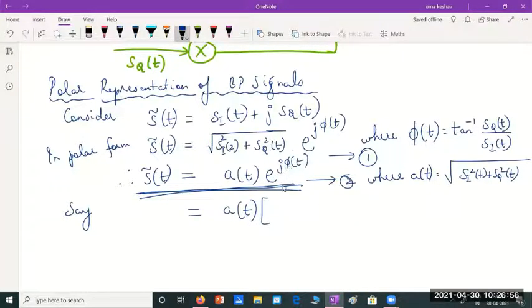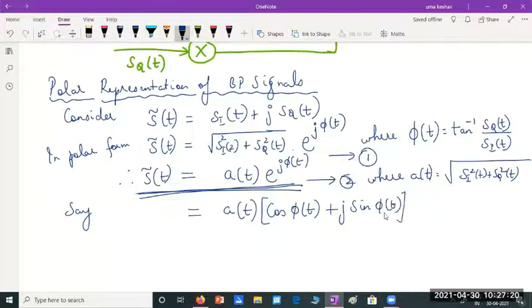What is e power j theta? What is the Euler's expansion for this? E power j theta will give you cos theta plus j sin theta.